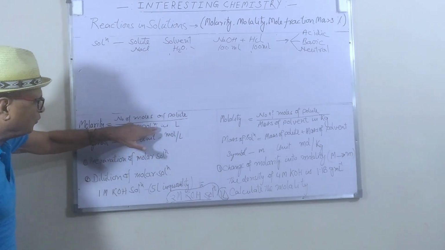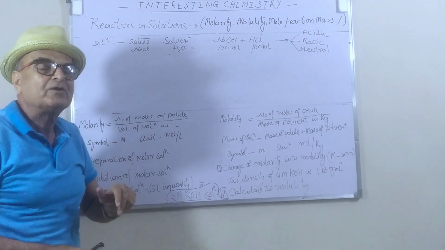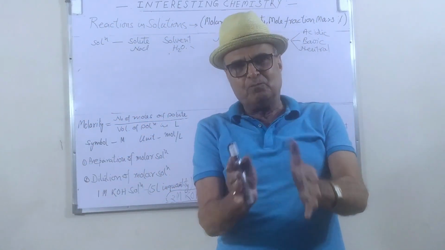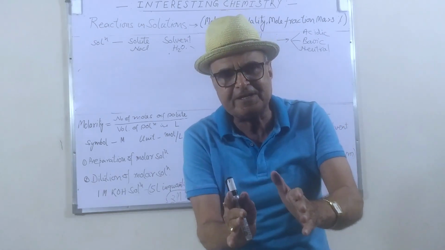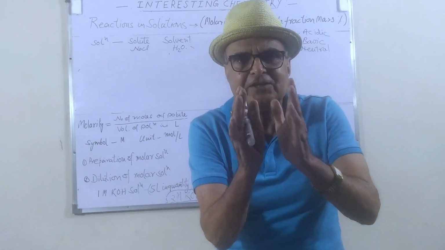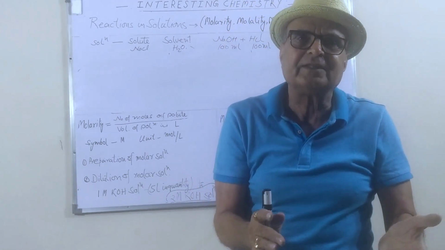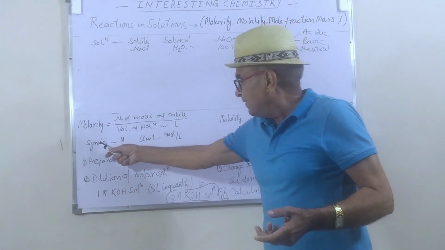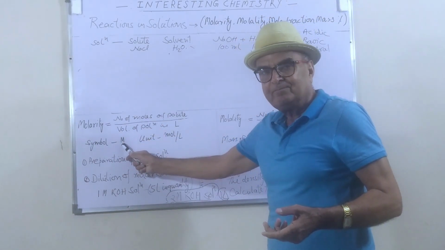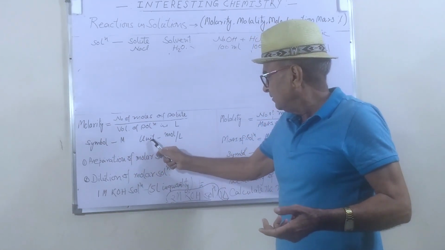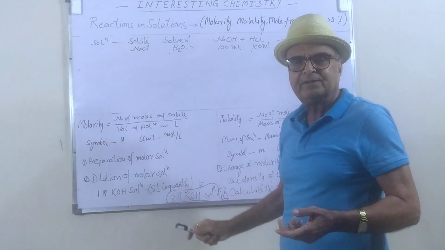The volume of solution is 1 liter. The symbol of molarity is M, and the unit of molarity is mole per liter.